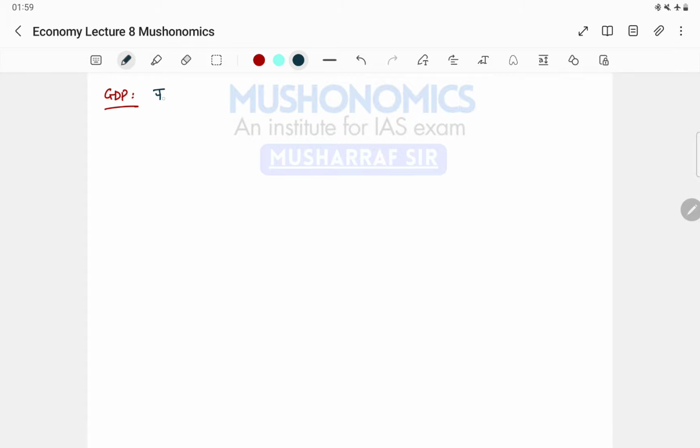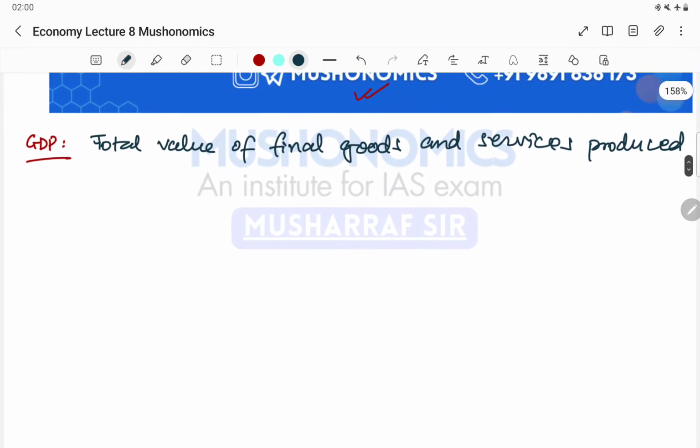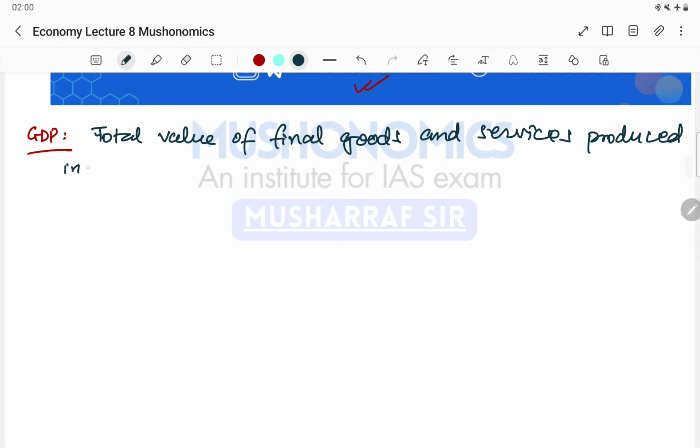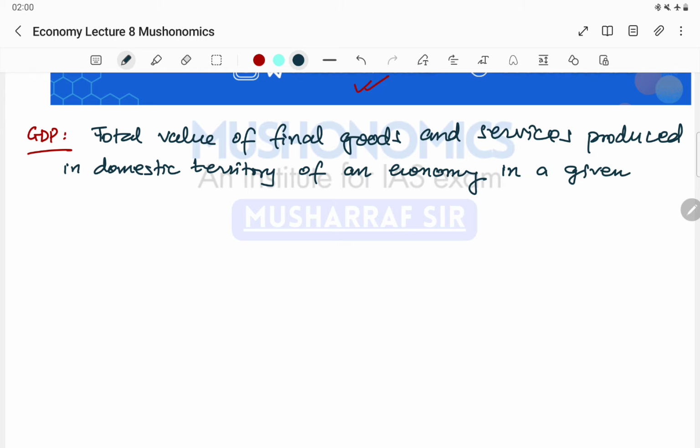GDP is nothing but the total value of final goods and services produced in the domestic territory of an economy in a given accounting year.